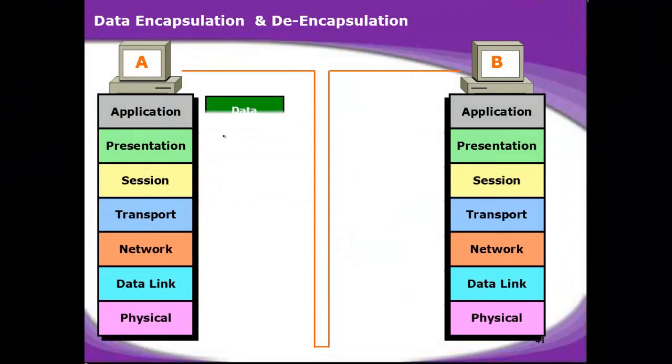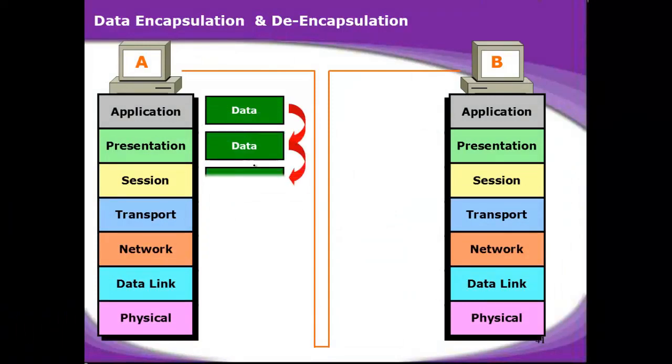If you see from the topmost, the data, and then at the transport layer, a transport header is added, and in the transport header we keep the source port and the destination port, the sequence number of the data and the acknowledgements for the data.